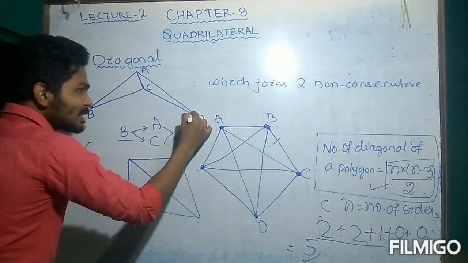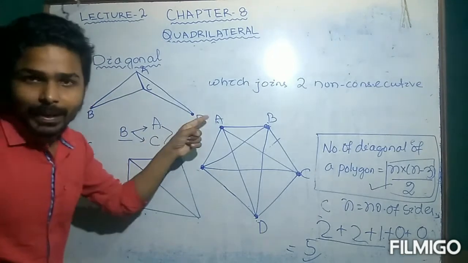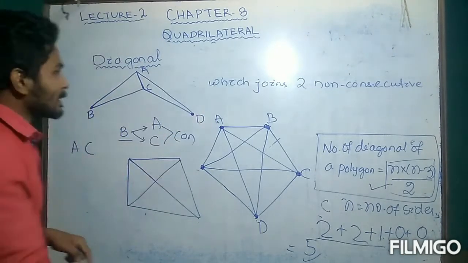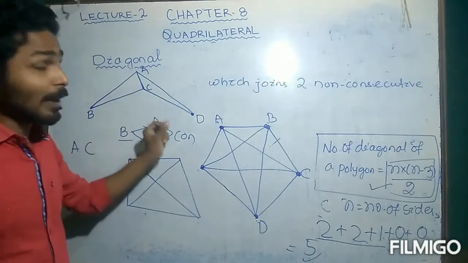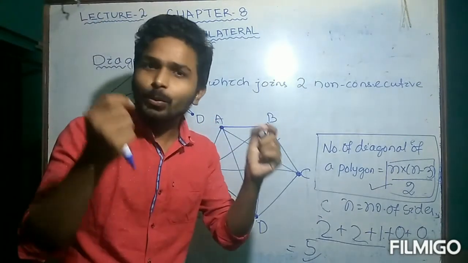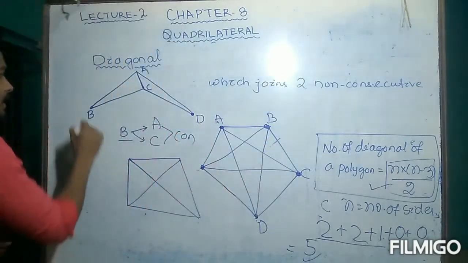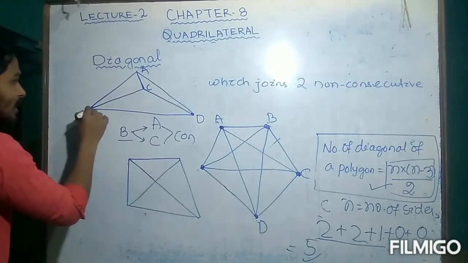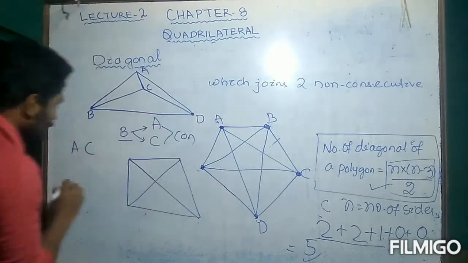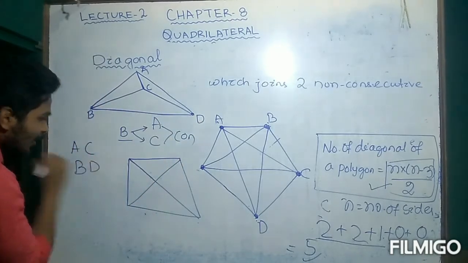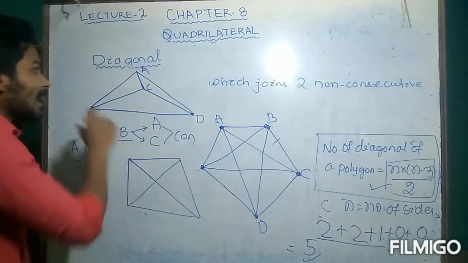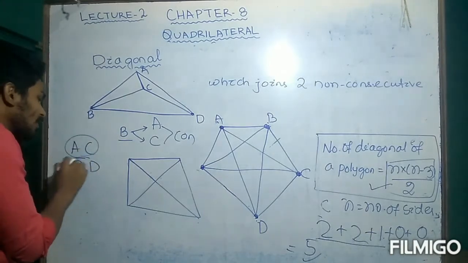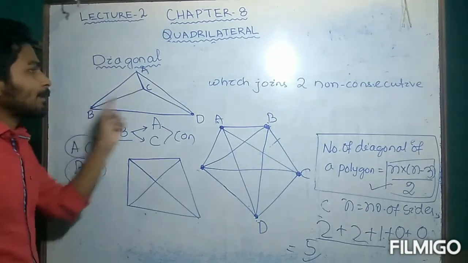So vertex D, which is the remaining vertex, is the non-consecutive vertex of vertex B. In order to find the other diagonal, we have to join any two non-consecutive vertices. So let us join vertex B with vertex D. Now this BD is our other diagonal. Understood? Now we have found two diagonals for the quadrilateral ABCD.